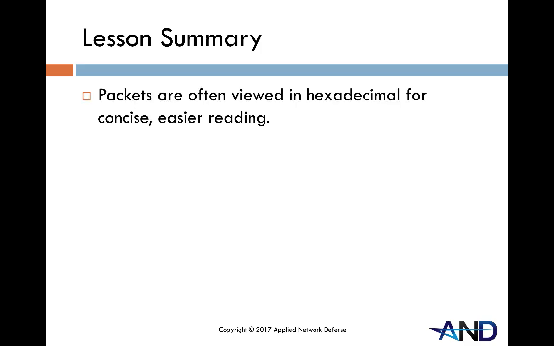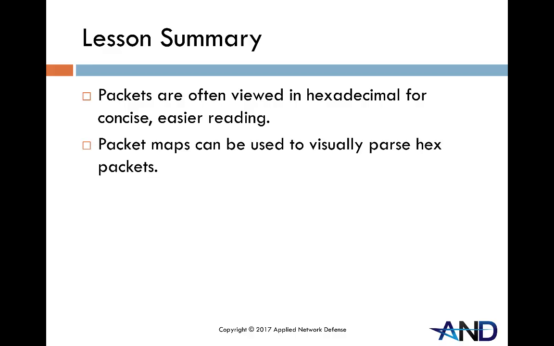Now, the things we learned here were that packets are often viewed in hexadecimal for concise, easier reading. It's a lot easier to read a packet in hex than it is in binary and even in decimal. So hexadecimal is really the choice for manually dissecting raw packet data that's not abstracted to some other type of representation by a packet sniffer or packet analyzer tool. To analyze packets in hex, we use packet maps, which can be used to visually parse them and guide us along to understand what fields exist and what we're looking for.